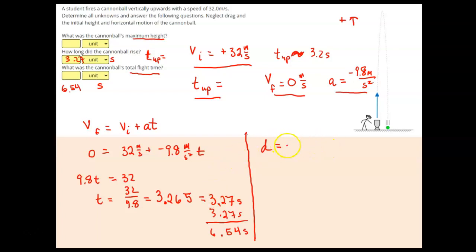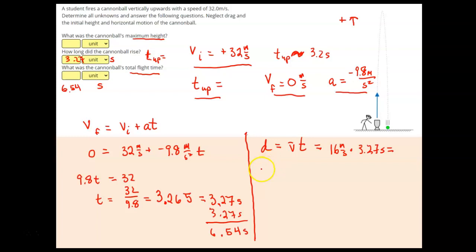We could do distance is average velocity times time. We know our initial velocity is 32, our final velocity is 0, so our average velocity is 16 meters per second times 3.27 seconds going up, and we could get our answer that way.